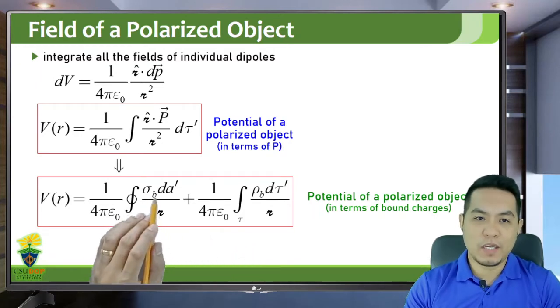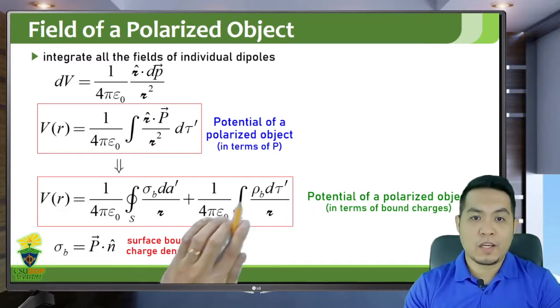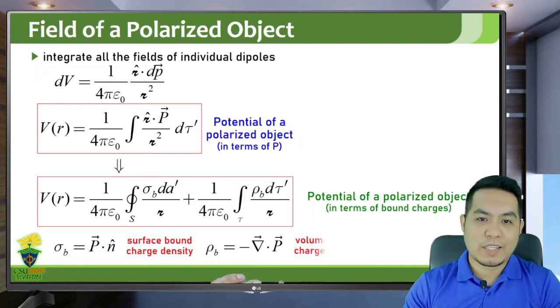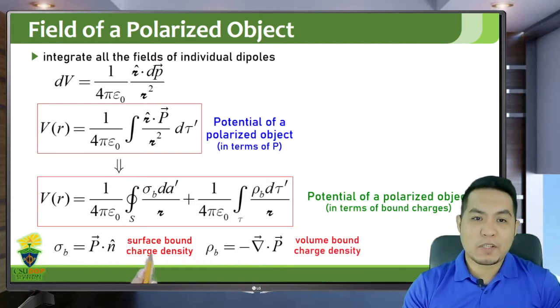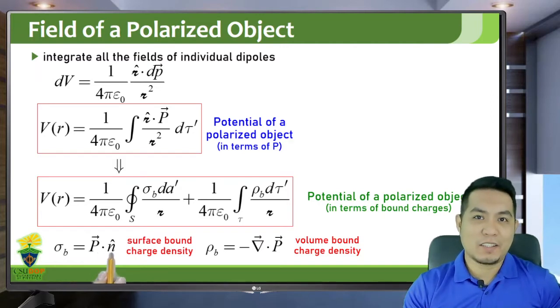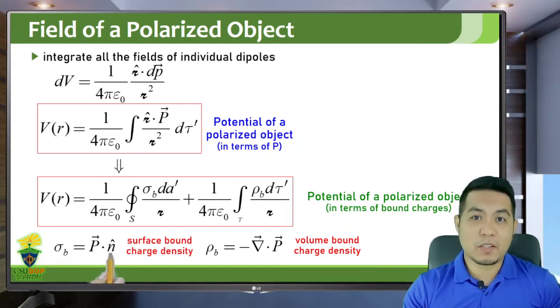Sigma b is the surface bound charge density, and rho b is the volume bound charge density. The surface bound charge density is essentially the polarization dotted with n hat. N hat, again, is the normal unit vector, the unit vector perpendicular to the surface.